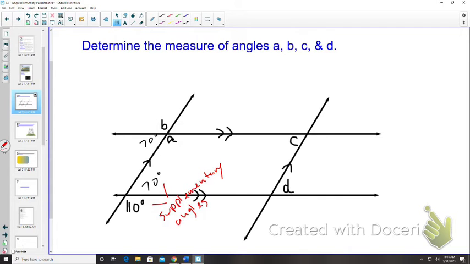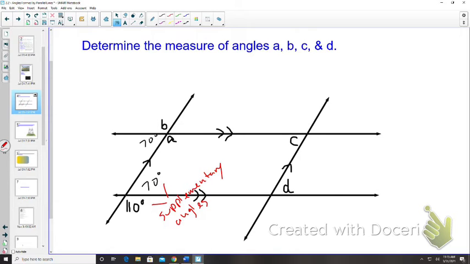So where do I want to go? Let's start with A, okay? What is the relationship between A and 110 degrees? Wait, don't you mean B? Because then they'd be corresponding angles, opposite angles. Yeah. So, okay, I see what you're saying. Okay, we can jump to B, sure.